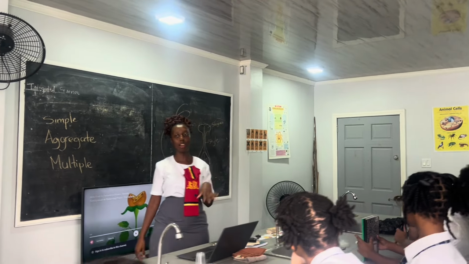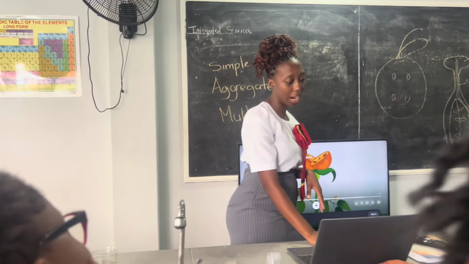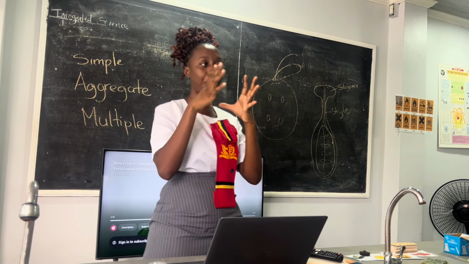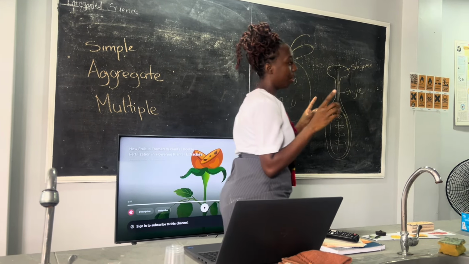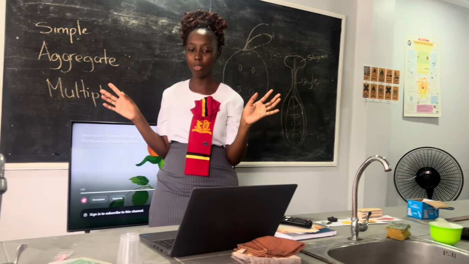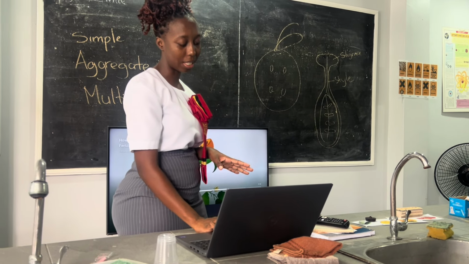Good. So our multiple fruits, one example would be the pineapple. For the aggregate, this is the simple carpels that are fused together to make one carpel. For the simple, one carpel, one flower. Simple as that.